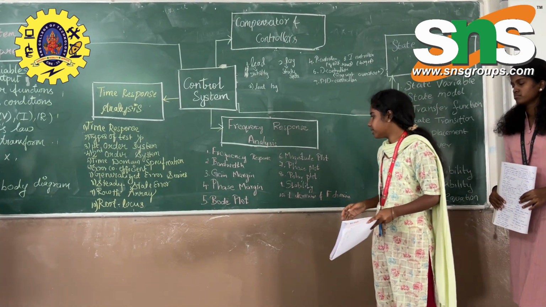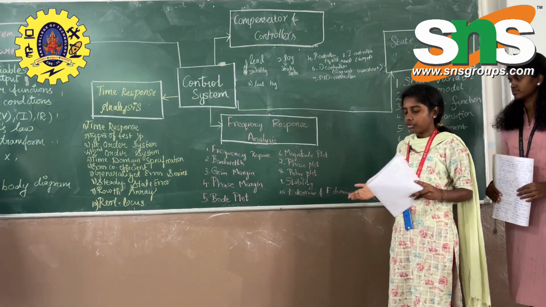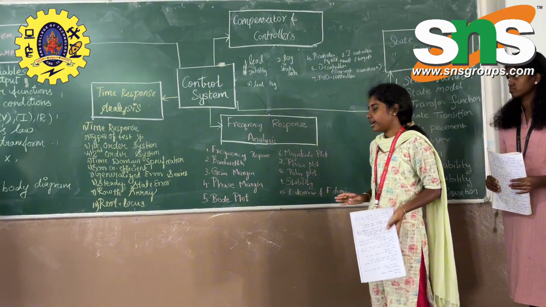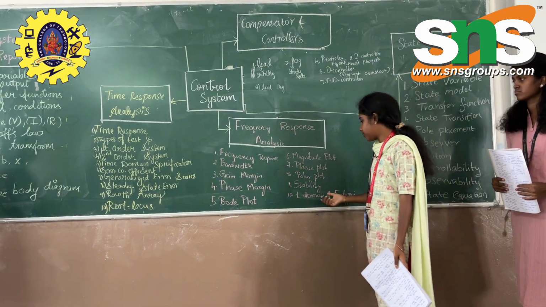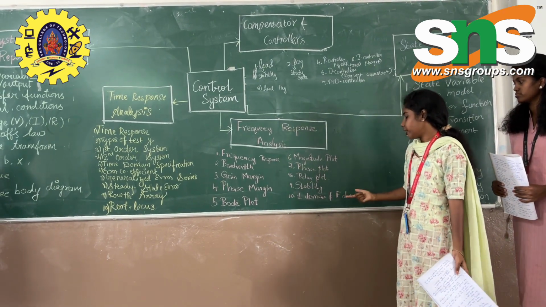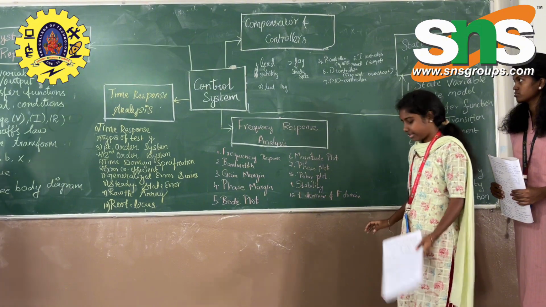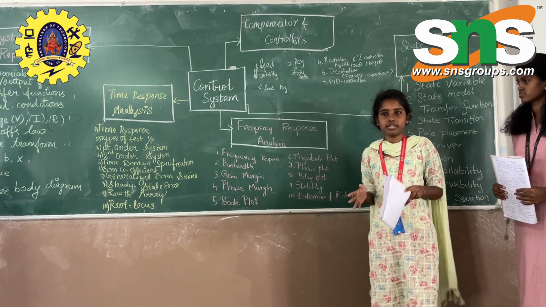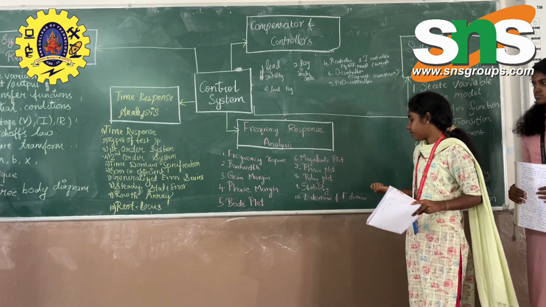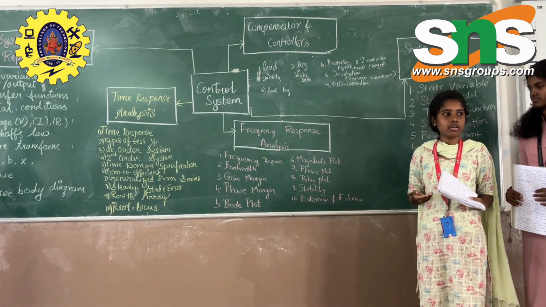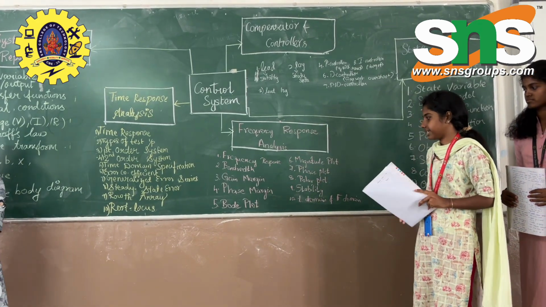Stability is the ability of a system to return to equilibrium after a disturbance. Next are the time domain and frequency domain. The time domain focuses on the system with respect to time, and the frequency domain focuses on the system with respect to frequency.